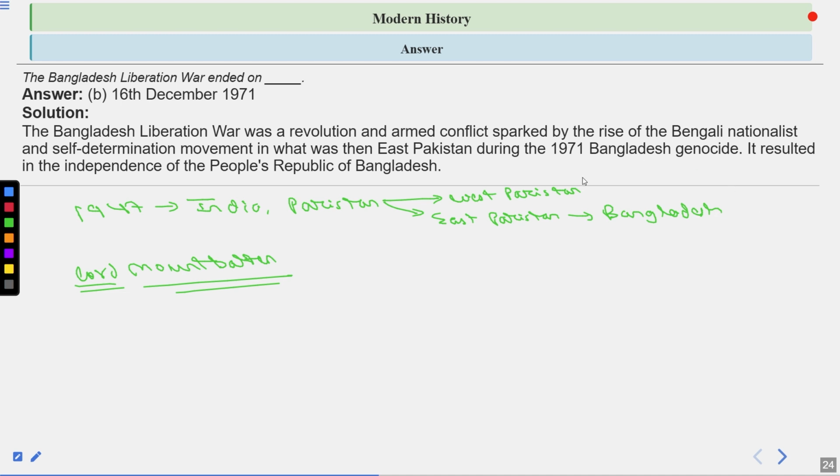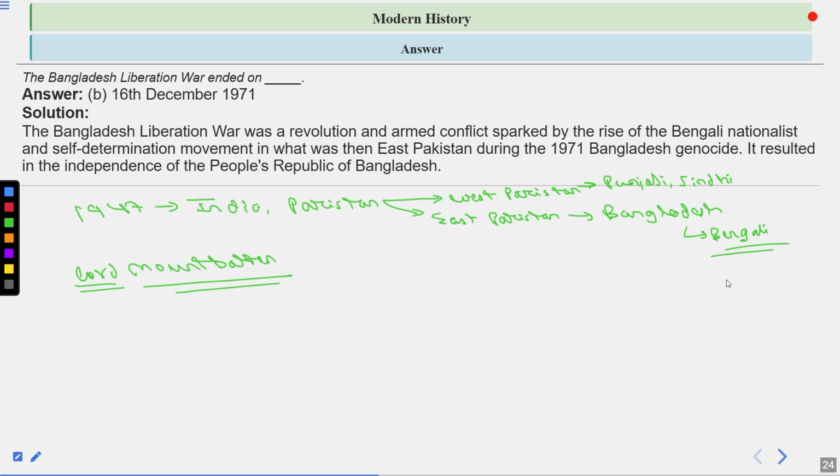Now, West Pakistan has a Punjabi-speaking and Sindhi-speaking population. And the ethnicity of West Pakistan is totally different from East Pakistan. East Pakistan was mainly people of Bengali ethnicity.